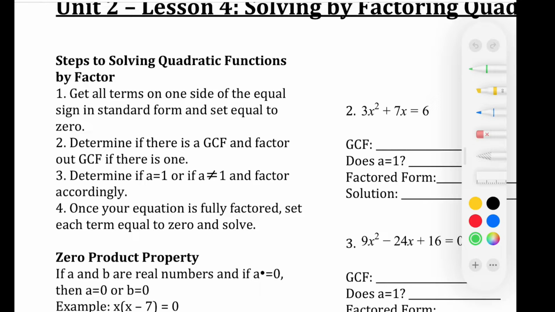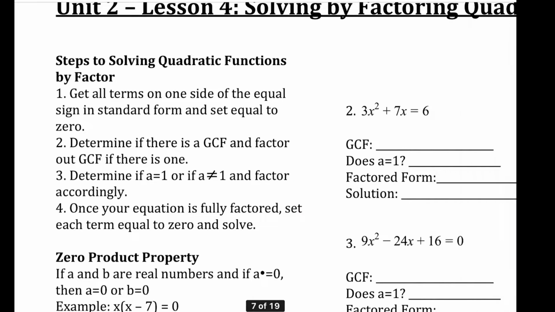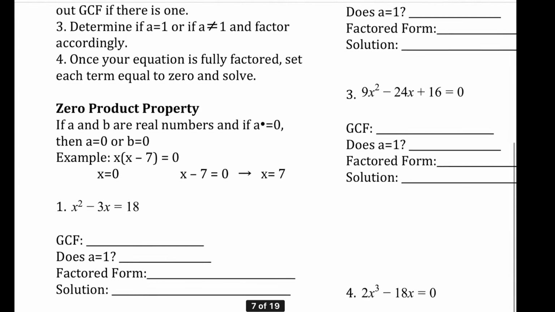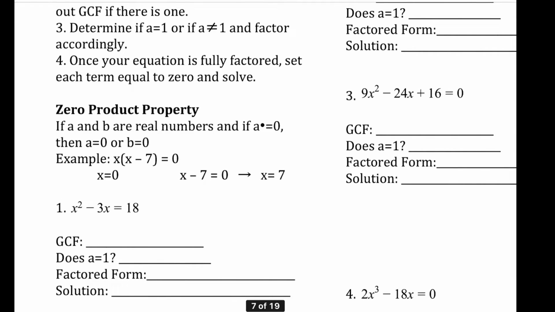Once your equation is fully factored, set each term equal to 0 and solve. So, zero product property: if A and B are real numbers, and if A times B equals 0, then A equals 0 or B equals 0.